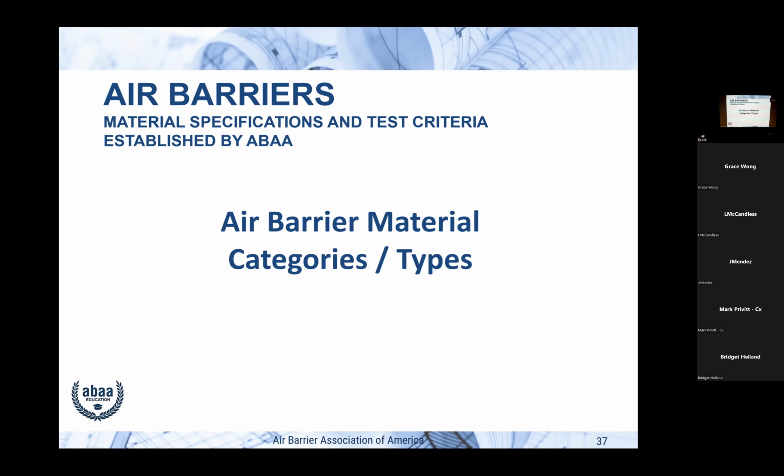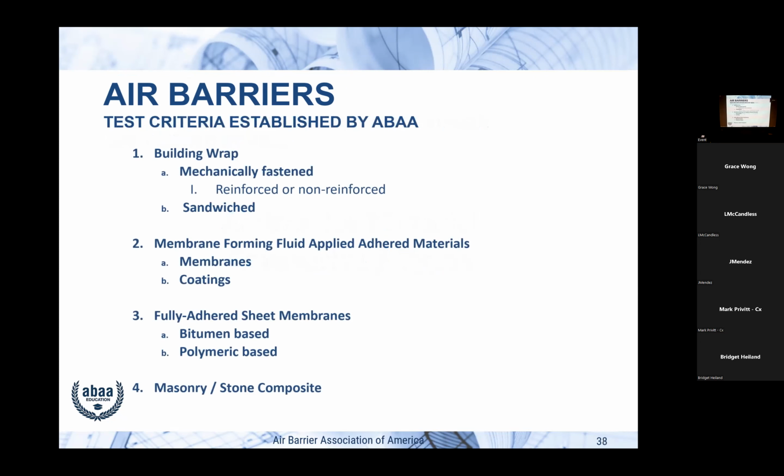We went to self-adhered membranes because it's nice and easy to work with. And then we moved to more fluid applied, and now we have a whole slew of things. You're going to get a copy of this, so I'm not going to go through it in all details, but you can see we've got building wraps, mechanically fastened or sandwiched and fluid applied, and they could be membranes and coatings.